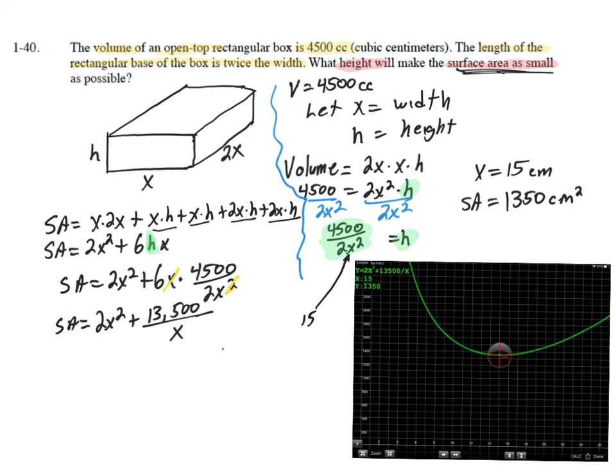So h is going to be 4,500 divided by 15 squared times 2, which is 450. So h comes out to be 100 centimeters. x was 15 centimeters, and 2x is 30 centimeters.